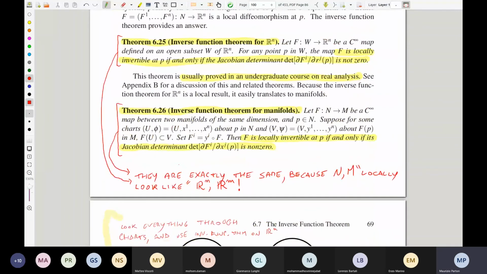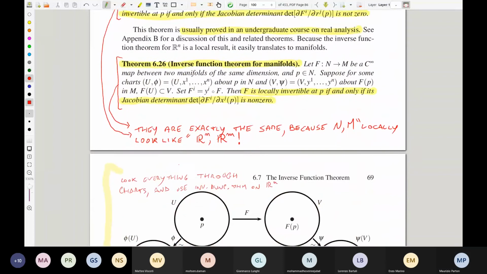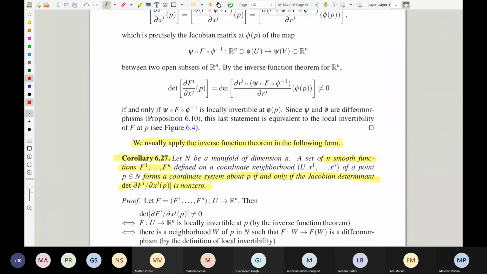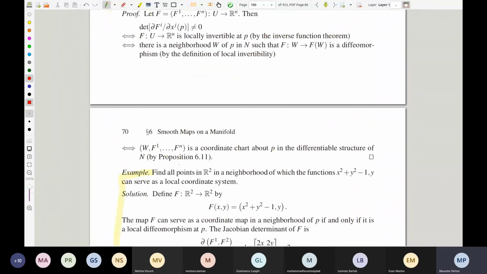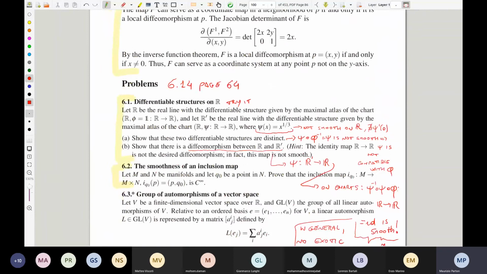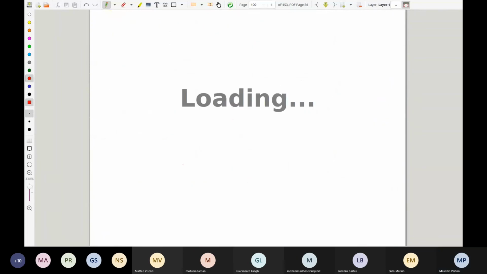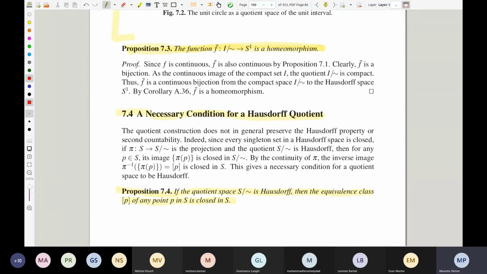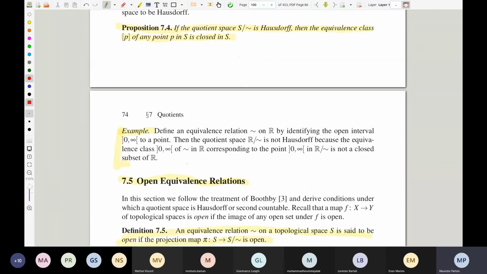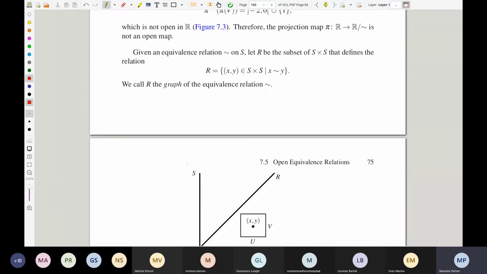Function theorem we skip. I want to define tangent vectors. That is, no, we skip. Chapter 7 is the best. I like it, but it's more, yes, because it's topology and this kind of things.